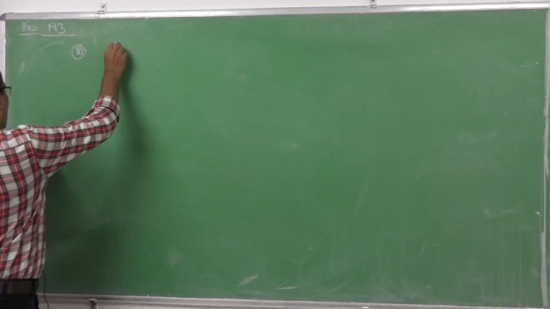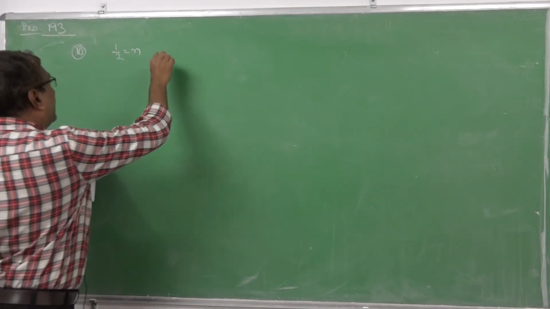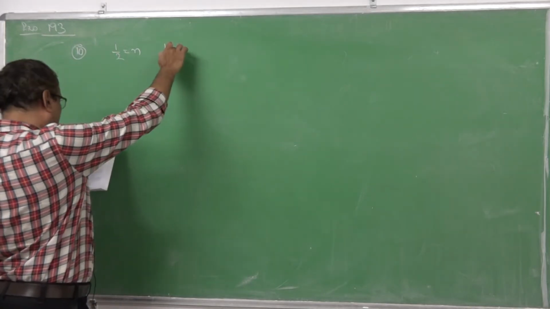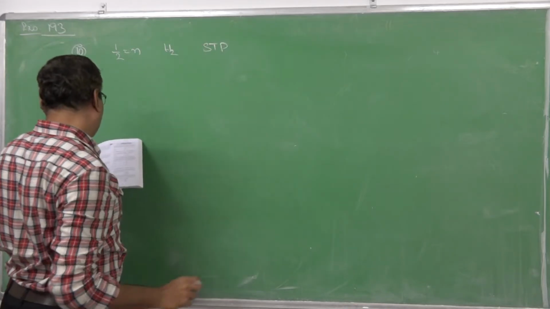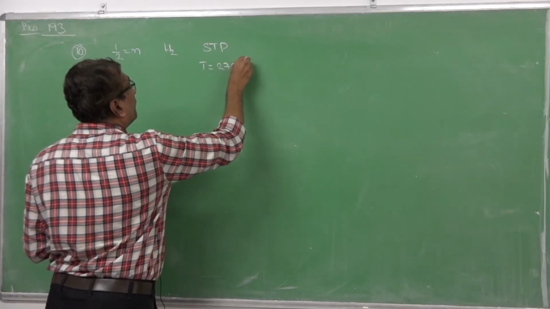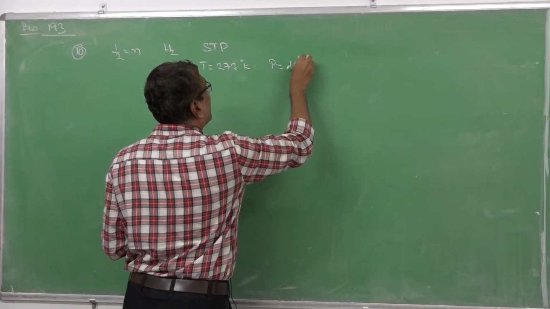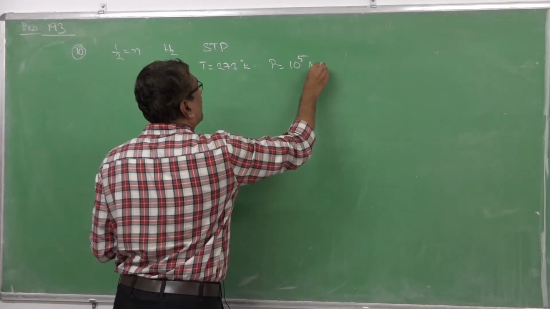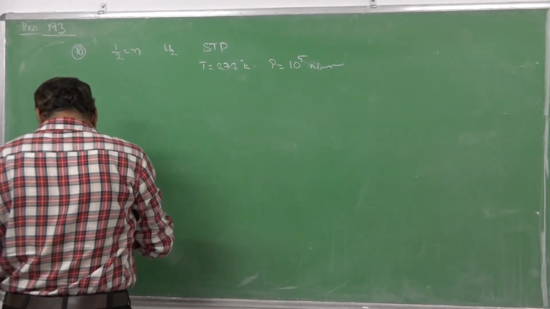Half mole of helium, that is n equal to half. Helium means diatomic, at STP. STP means temperature is 273 Kelvin and pressure is 1 atmosphere, 10 to the power 5 Newton per meter square.